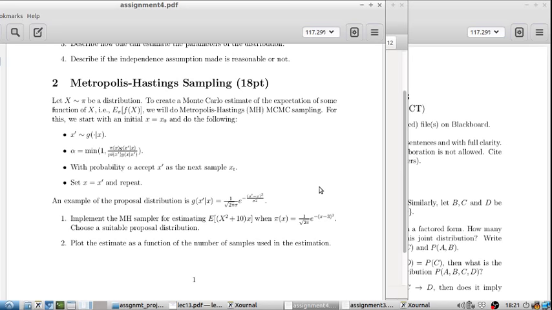So basically, if it is symmetric, I mean, this is a symmetric function of x prime and x. If it is symmetric, then g of x prime given x is the same as g of x given x prime. So basically, you get rid of this. The numerator and denominator cancel.